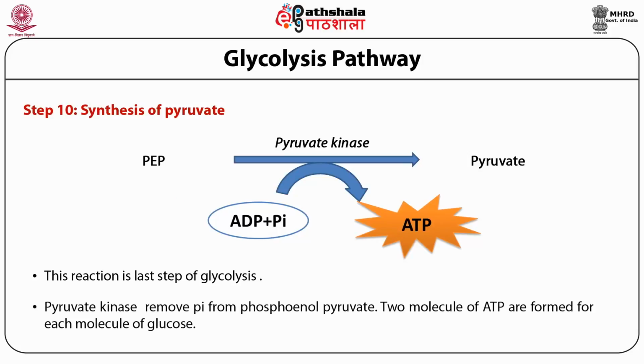Step 10. This reaction is the last step of glycolysis. Pyruvate kinase removes the phosphate from phosphoenol pyruvate. Two molecules of ATP are formed from each molecule of glucose.